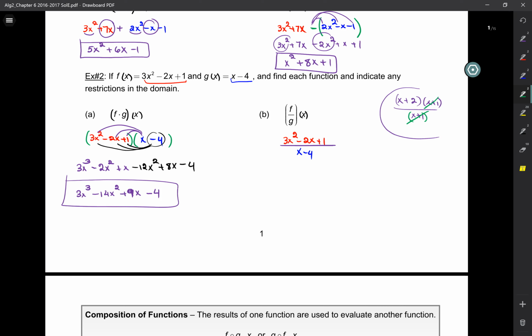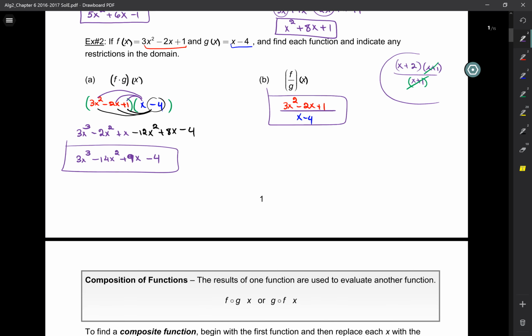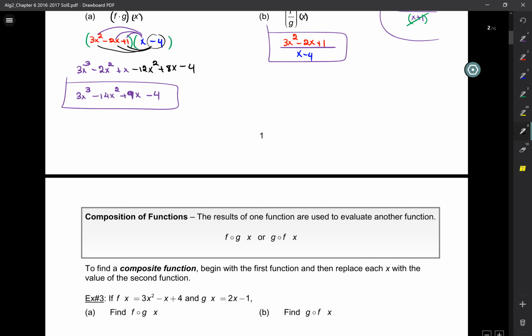You could. That's when it's beneficial to factor. If not, don't even bother with it. So in this case, I'm just going to leave it like this. Okay? It's fine for now. Okay, now for the big stuff.